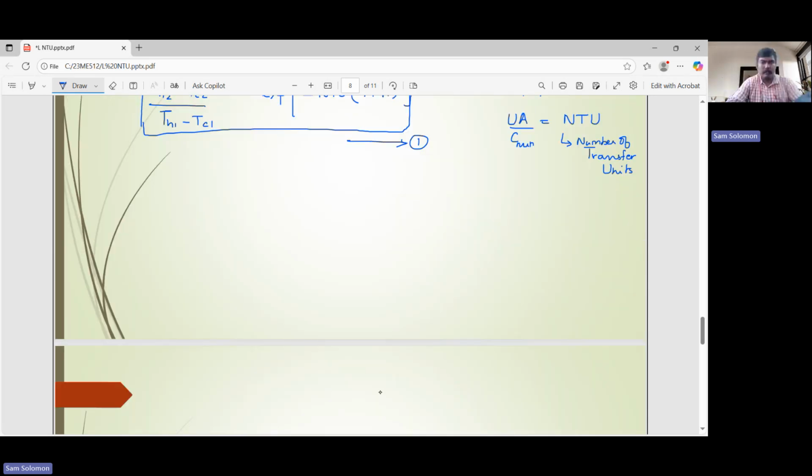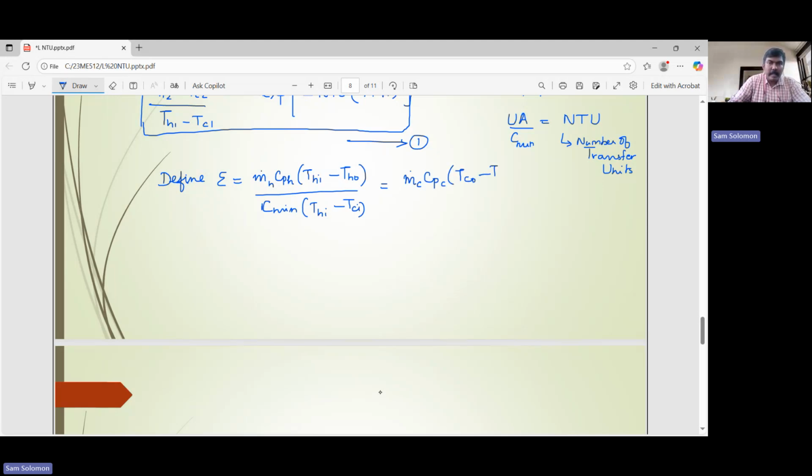So now let's define a definition we are already aware of. Let's define effectiveness. Effectiveness is nothing but m dot h CPH times (THI minus THO) whole divided by C minimum into (THI minus TCI), or it could be m dot c CPC times (TCO minus TCI) whole divided by the same.